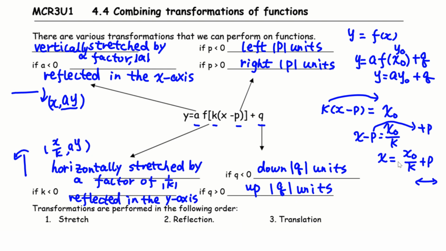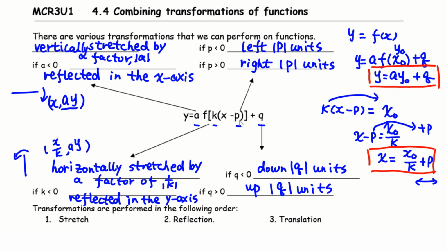So here there are two important things: the new x coordinate is the original x coordinate of the parent function divided by k plus p, and the new y is a times the original y coordinate plus q. You don't have to remember these two.